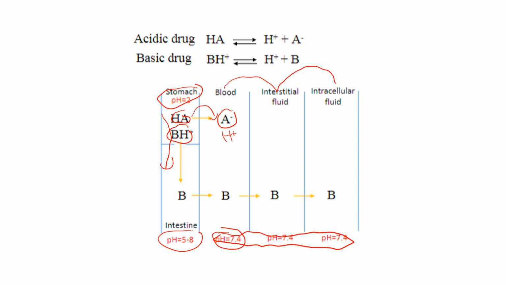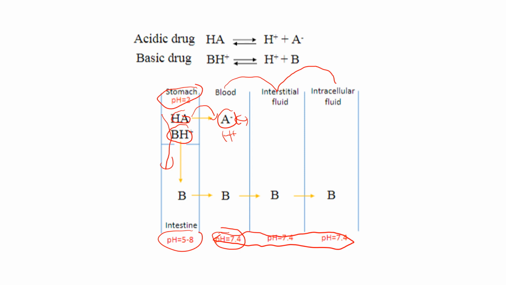And as you may recall, now it can't pass through a membrane because it's charged. And while it can pick up that proton again, it's very unlikely that it does, just because this environment is so much more basic, meaning it's trapped in our blood. Meaning, if we want an acidic drug that is used in the blood, a really good place to try and set up its absorption is the stomach.